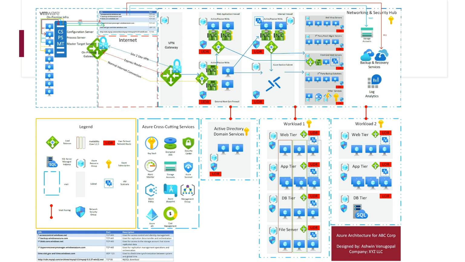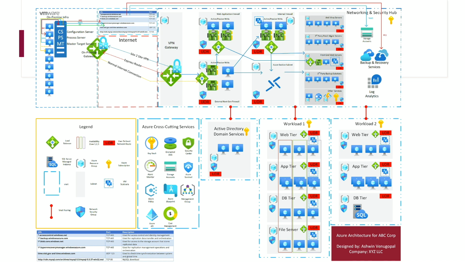But you can tell very briefly that on the right side is what your on-prem infrastructure looks like, and that's where you're going to have your VMware. That's where you're going to install the configuration server, process server, the master target server, and you have the on-premise gateway that is talking to the VPN gateway of Azure.